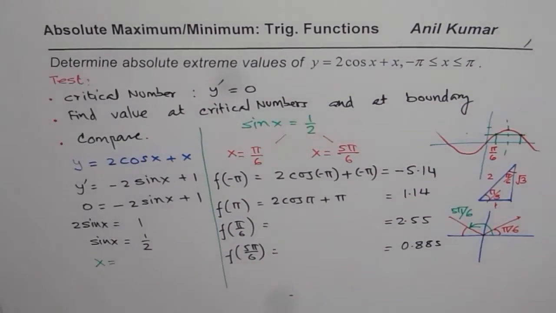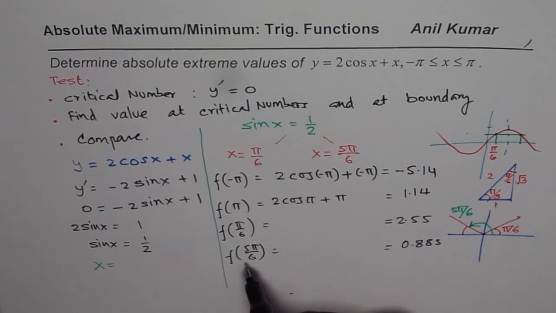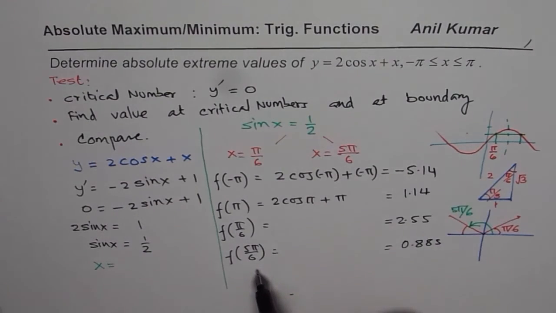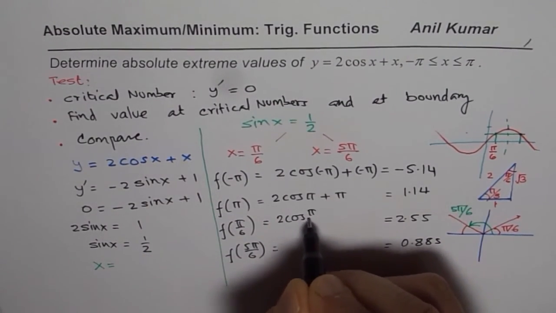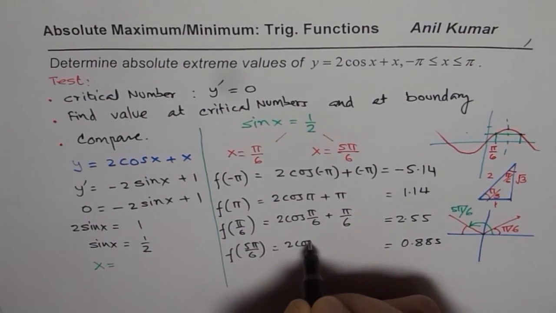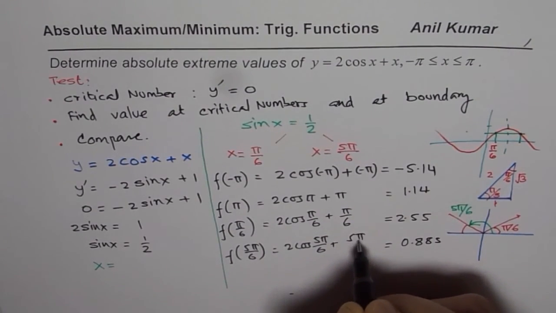So that is how we get different values for the boundary points and the critical numbers. Let me write these down here.